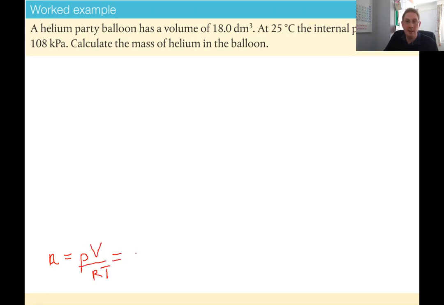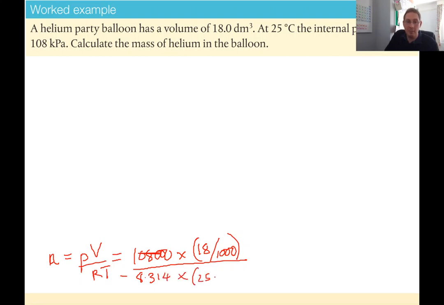The pressure is 108 kilopascals, times that by 1,000, 108,000. The volume is 18 decimeters cubed, so we need to divide that by 1,000 to put it into meters cubed. R, the ideal gas constant, 8.314, and the temperature, 25 degrees C, so 25 plus 273.